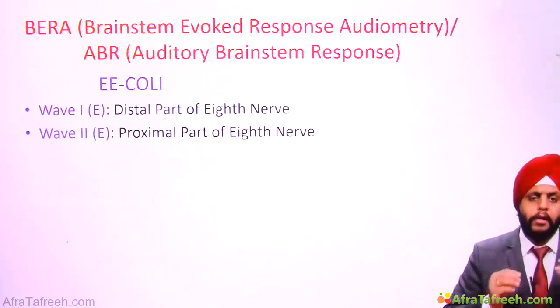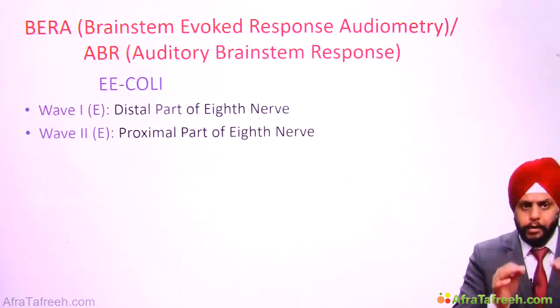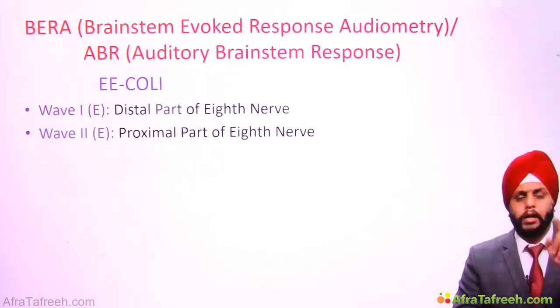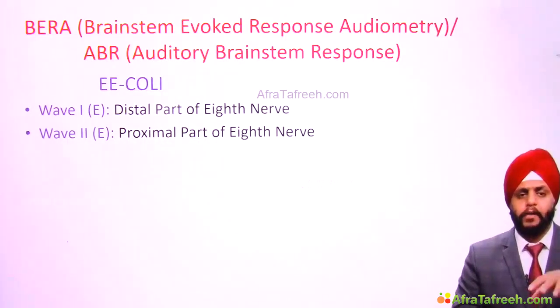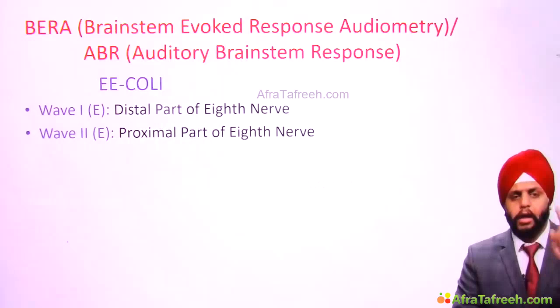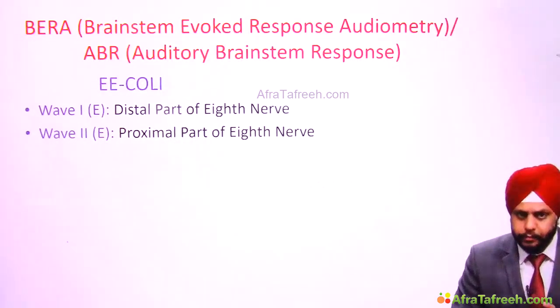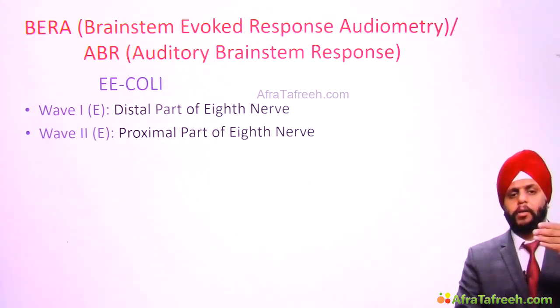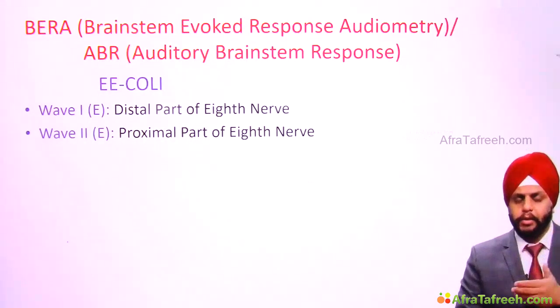Distance of nerve is always measured from the brain, right? Okay, so distal part of eighth nerve, that means it is away from brain, near the cochlea. So right at the start of the eighth nerve near the cochlea, the wave 1 is given. Wave 2 is away from the cochlea, near the brain stem.